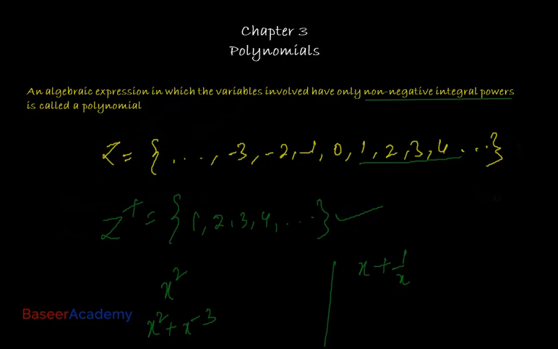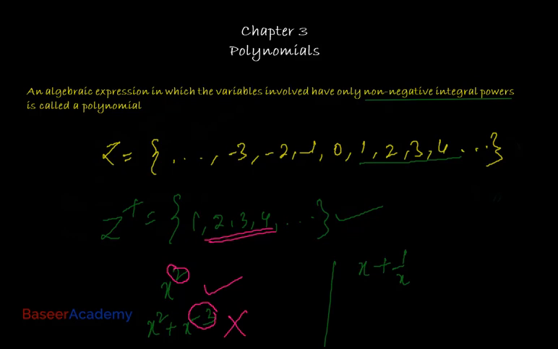Now, out of these three algebraic expressions, which of them are polynomials? x square is a polynomial, obviously, because the power is a positive integer, right? Here, x square plus x power minus 3 cannot be a polynomial because the power is a negative integer. So this one is not a polynomial.